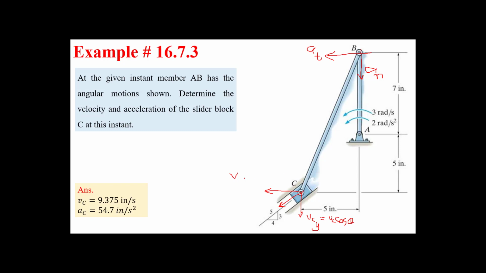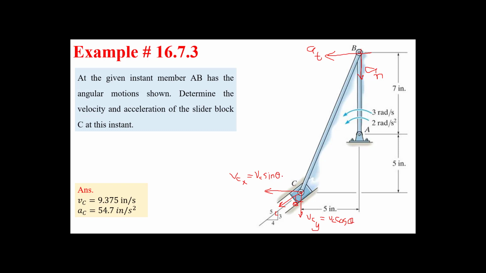And here we have VC in the x direction, and this is equal to VC sine theta. But why do I write sine theta, cosine theta like this? Because here is the angle. This is the angle I care about.